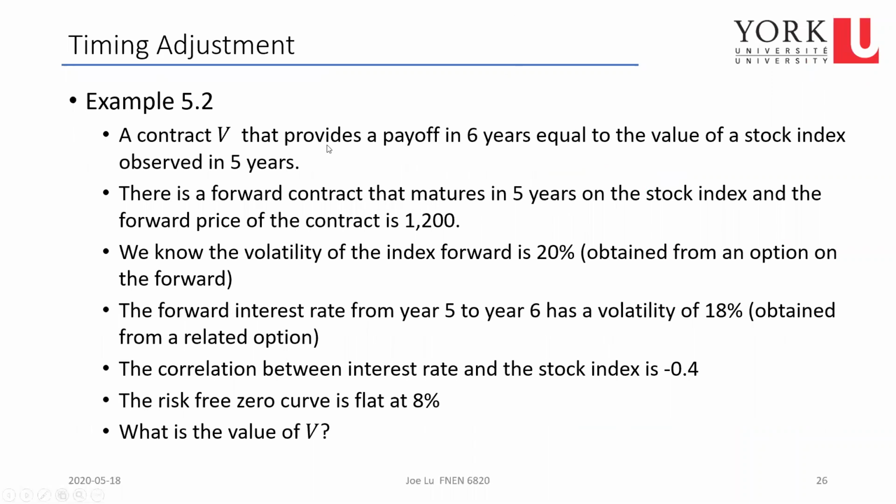Okay, let's take a look at an example here. To demonstrate the timing adjustment, say we have a contract that will provide a payoff in 6 years equal to the value of a stock index that you observe in year 5.